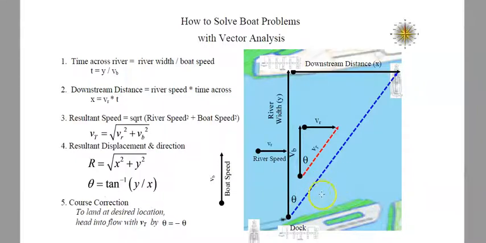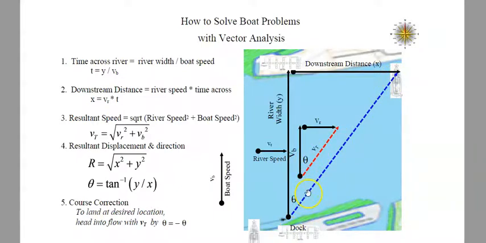Many students find this to be tricky, because you're dealing with two vector triangles. One is the displacement. That's the long blue resultant vector here. And the other is the velocity displacement. So you're dealing with two quantities at the same time. You're dealing with displacement and velocity.